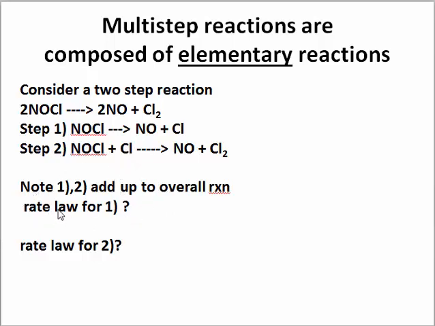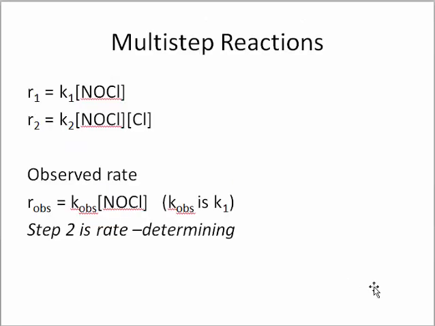You should be able to write down a rate law for step 1 and a rate law for step 2 at this point. If you've done that, the rate law for step 1, call it R1, is k1 times [NOCl].